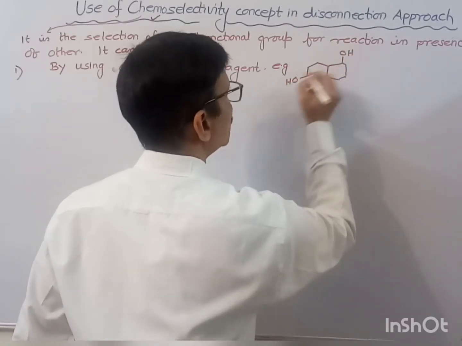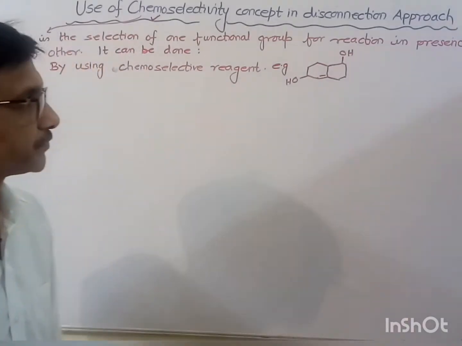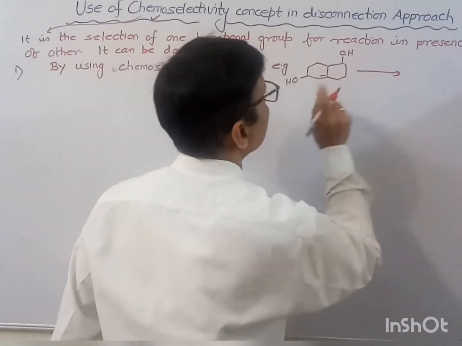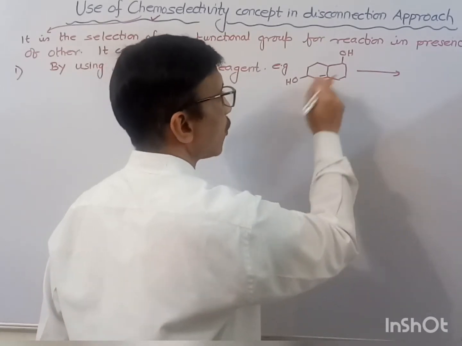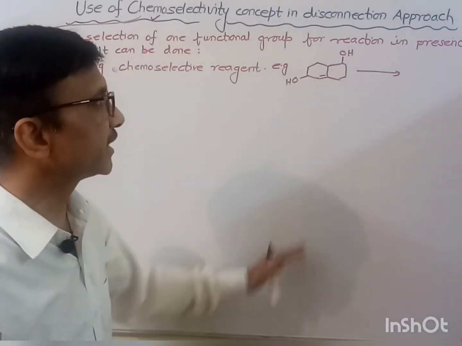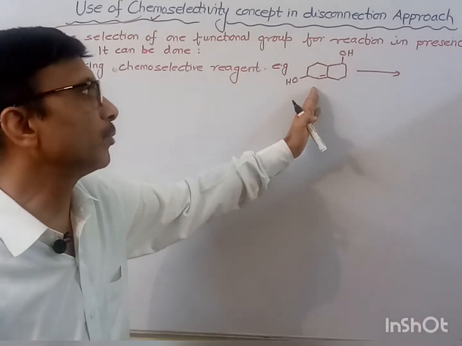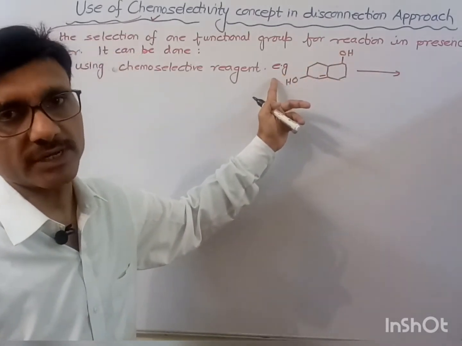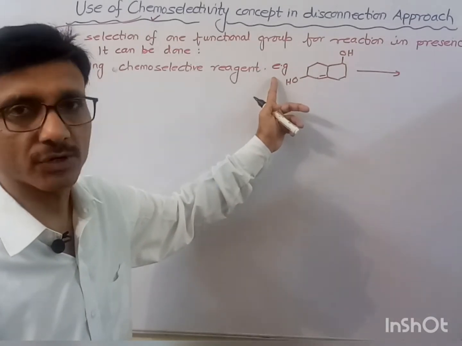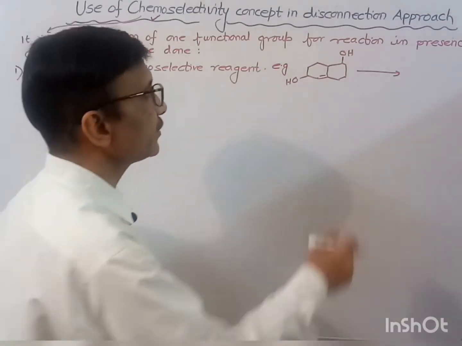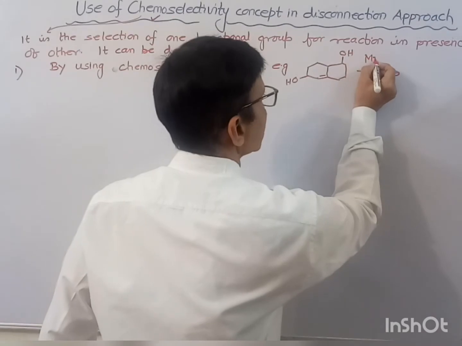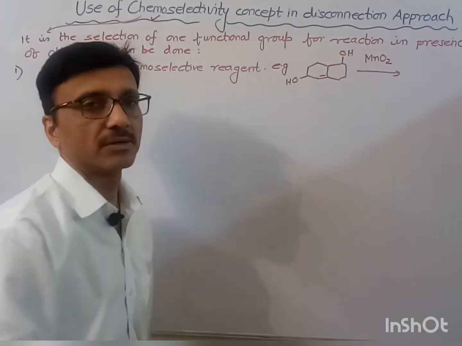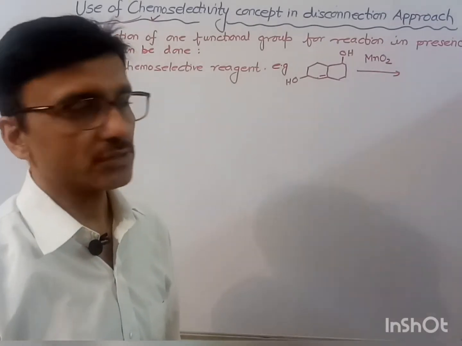Suppose two alcohol groups are present, and if we react it with any oxidizing agent, for example pyridinium chlorochromate, PCC, then both of the OH will get oxidized into carbonyl group. But if we react it with manganese oxide, MnO2, then only one OH group will get oxidized.